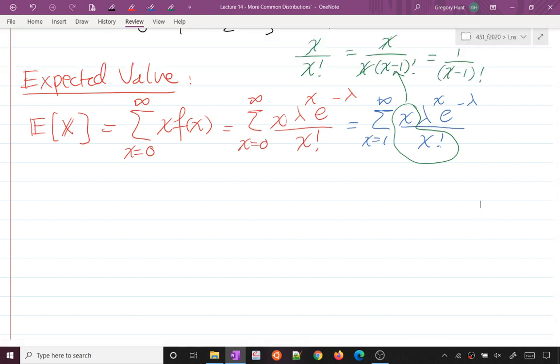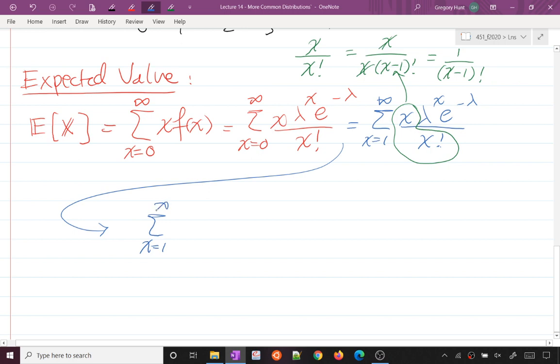So indeed, I can simplify this even more. This is the sum from 1 to infinity, and my x over x factorial can be simplified to just 1 over x minus 1 factorial. And I'm going to factor out some things. My e to the negative lambda doesn't depend on x, so let's bring that out. In addition, I'm going to factor out one copy of lambda. If I pull out one copy, I'll be left with lambda to the x minus 1.